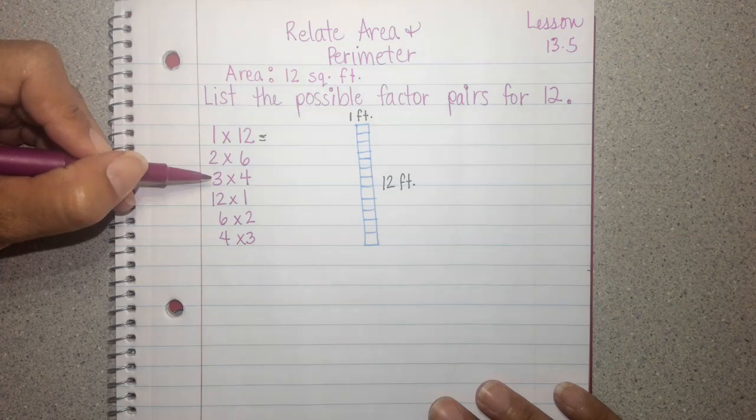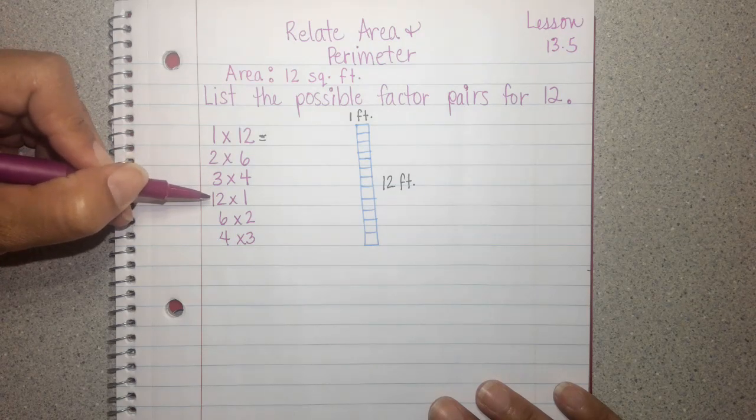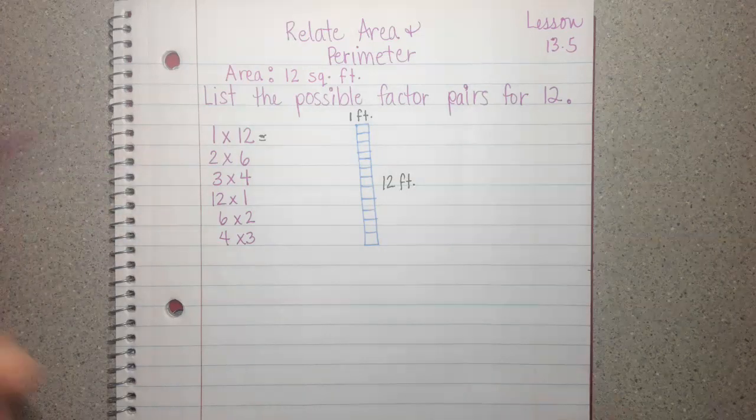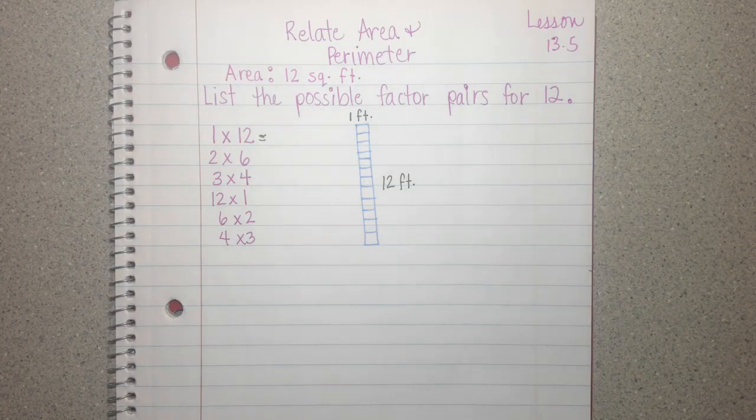Let's do the commutative property. 12 times 1, 6 times 2, 4 times 3. Okay, write this down. You may pause whenever you need to.